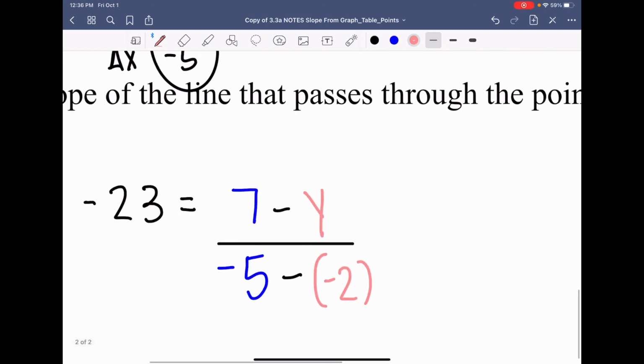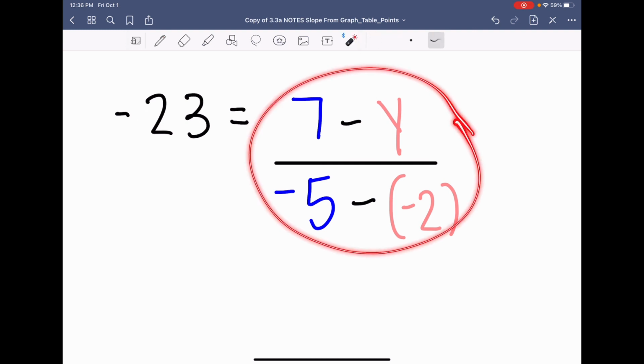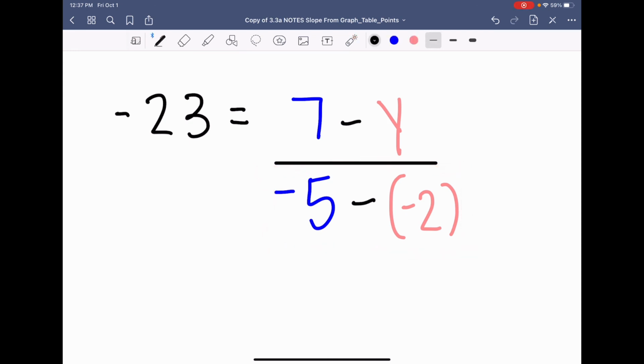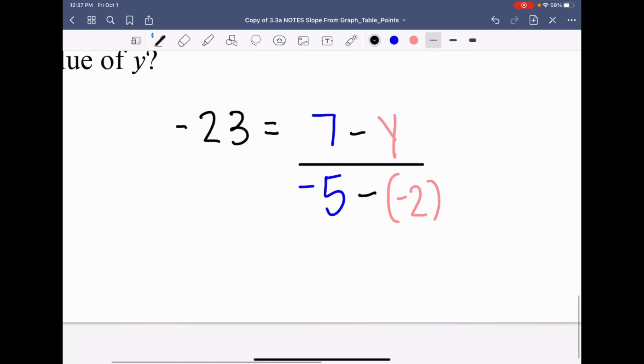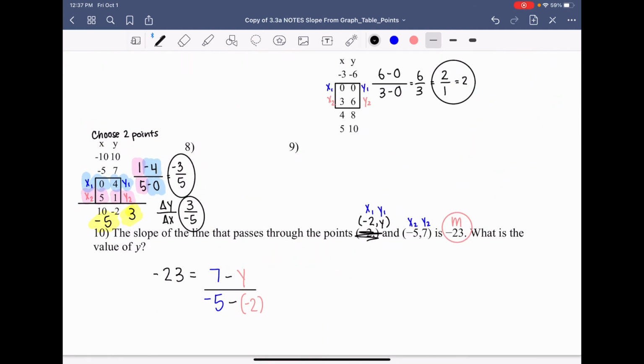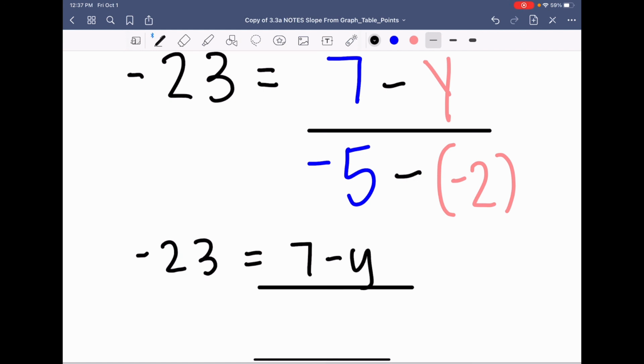So here's how we solve for y. Anytime we have a big fraction like this, we've got to get rid of everything on the bottom. How you do that is multiplying everything that's on that bottom. But let's simplify it first. So negative 23 equals 7 minus y all over, well, negative 5 minus a negative 2 will get us a negative 3.